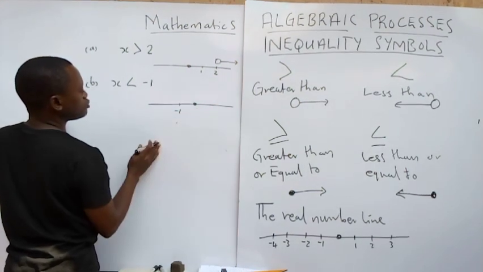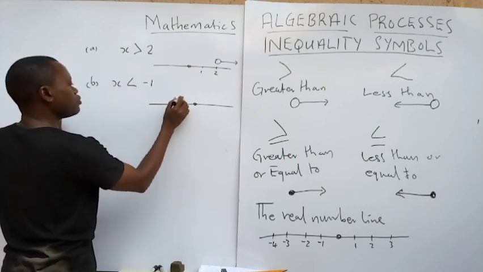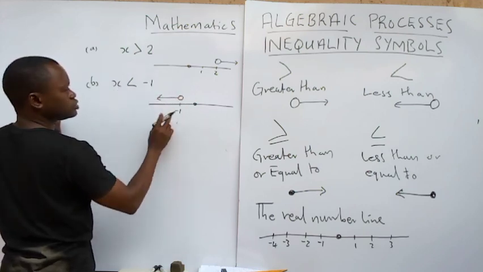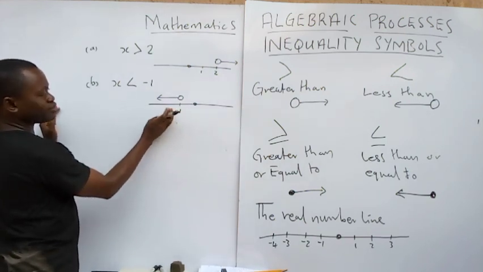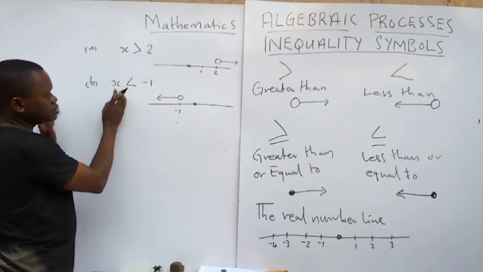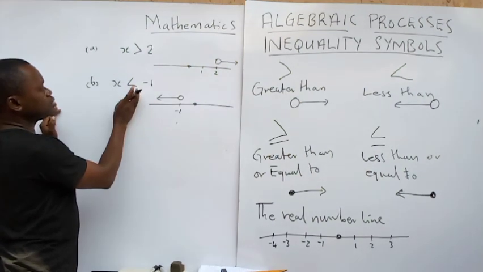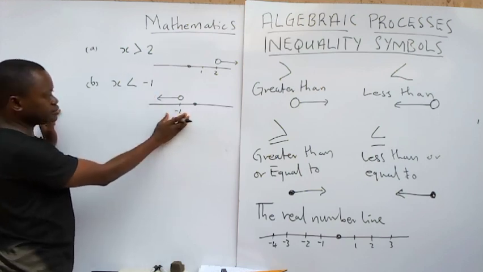The positive values are over here. Then x is less than minus 1 means I will point the direction of the arrow this way. Can you see that? So all the values that are before minus 1 are the range of x. Do we get that? So x is less than minus 1 is represented on the number line like this.